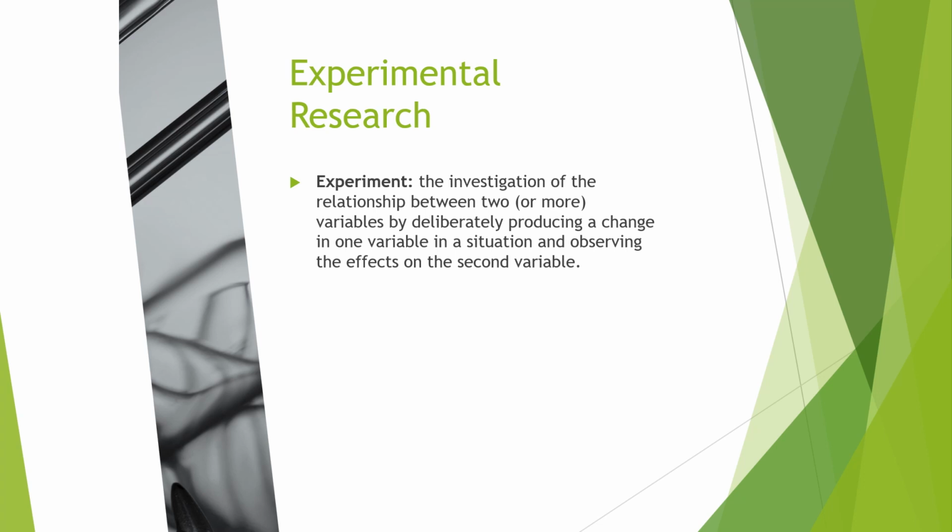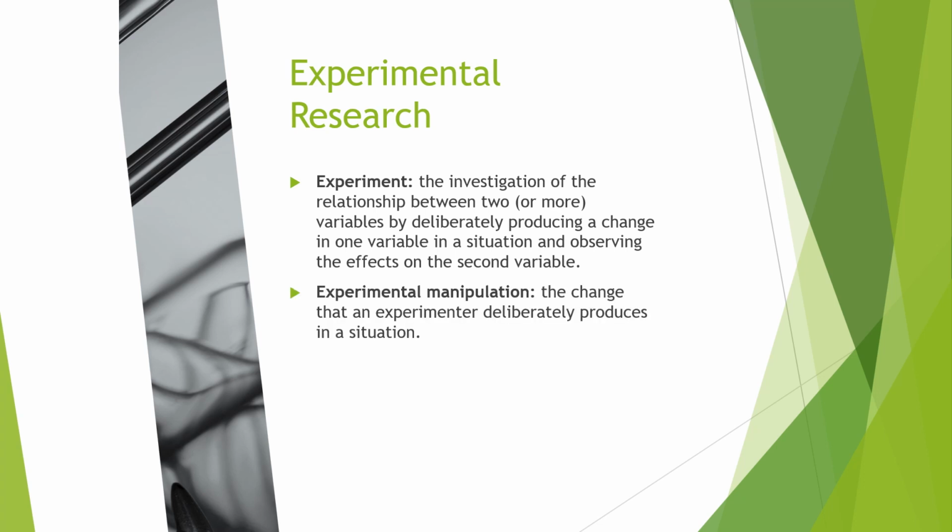So now you are trying to determine a cause and effect relationship. With experimental research, there is some sort of manipulation involved. You are manipulating one of those variables. You are deliberately trying to cause a change in one variable that will cause a change in a second variable.